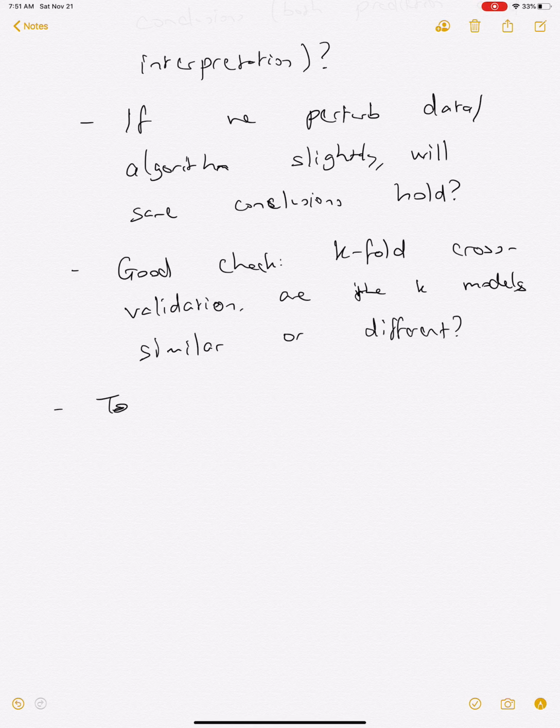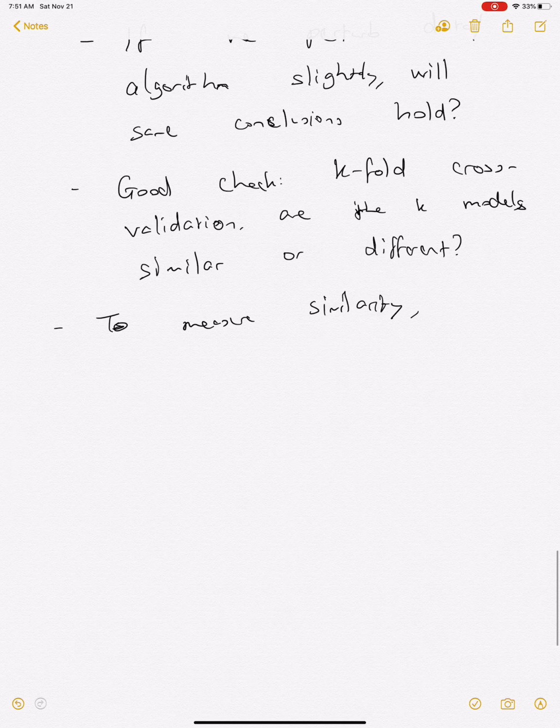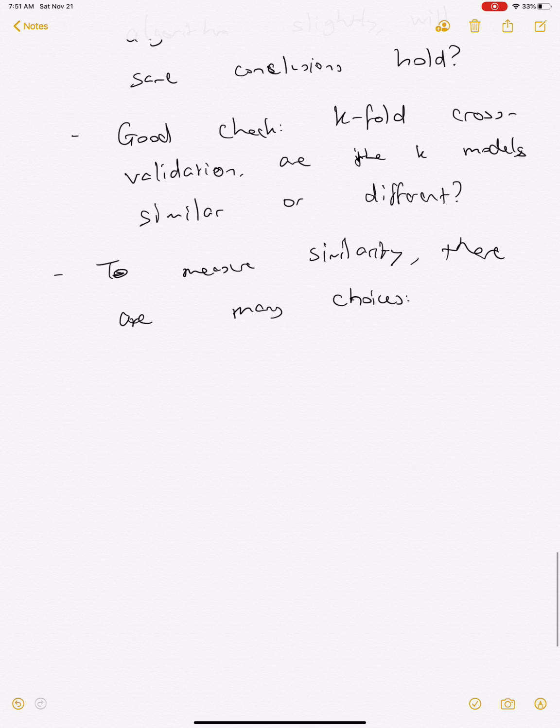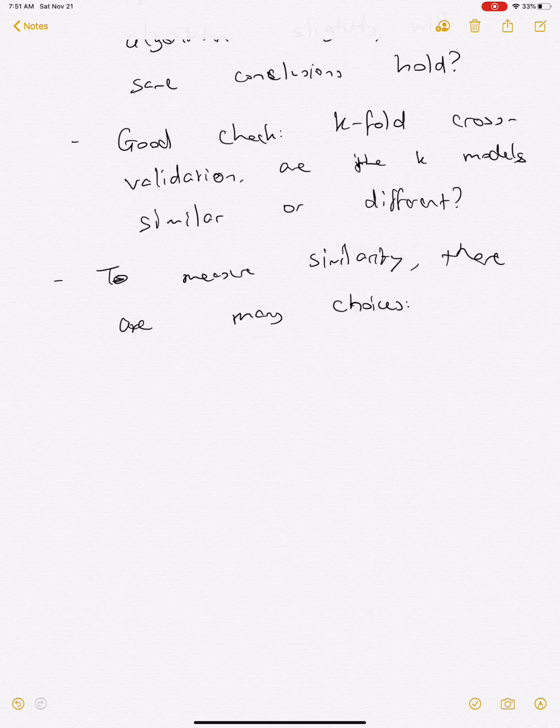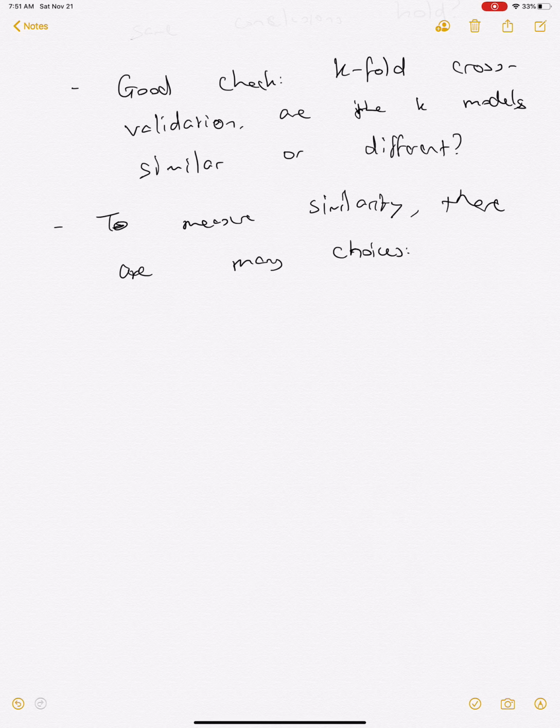To measure similarity, there are many choices, and this again ties to your goal. Are you thinking about prediction? Are you thinking about interpretation or causal inference? One might be prediction error.